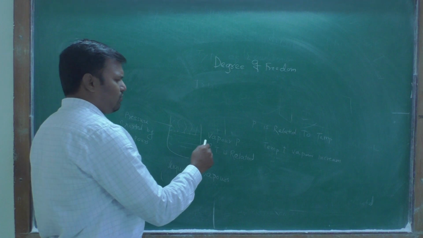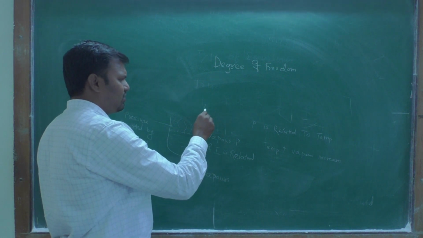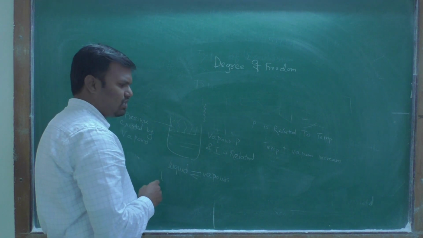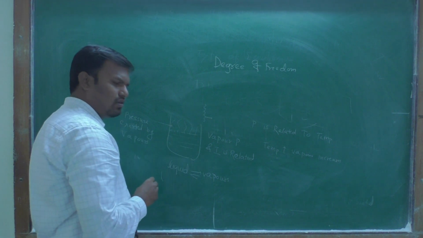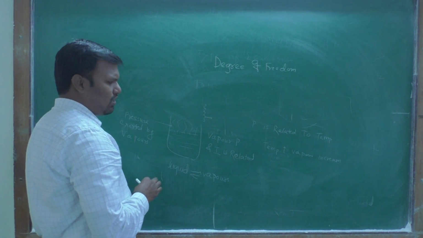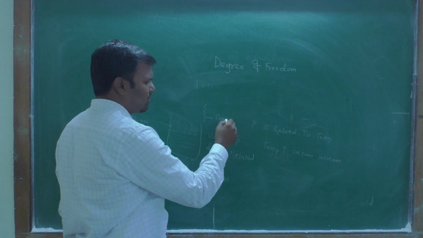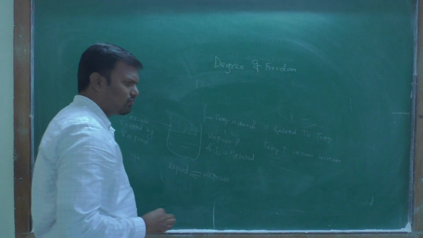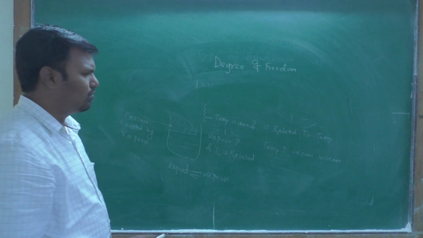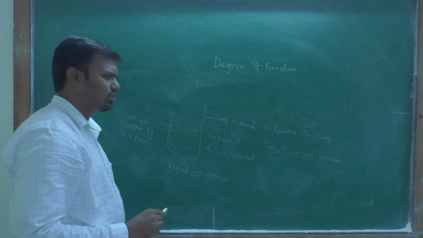If we suppose temperature is fixed and vapor pressure decreases, then the temperature also decreases. Therefore, these two quantities are interrelated to each other.